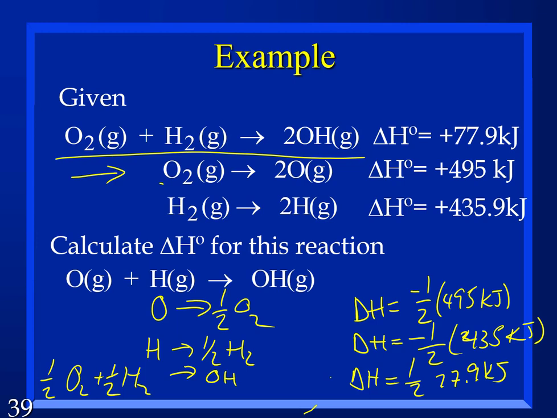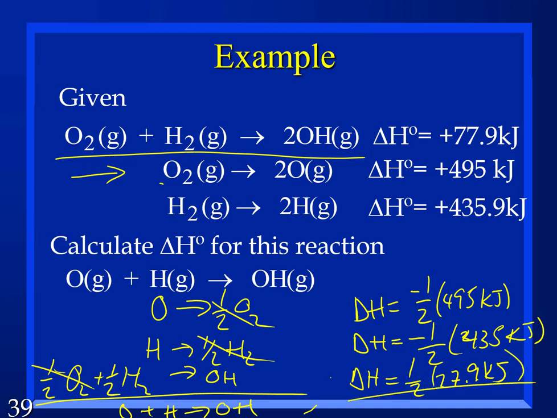So when I go to add this up, the half O2s cancel out. The half H2s cancel out. And all I'm left with is O plus H makes OH, which is what I wanted. So I can just add up those numbers.